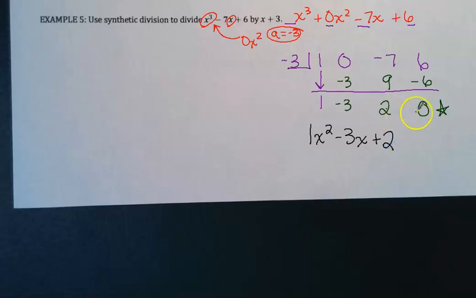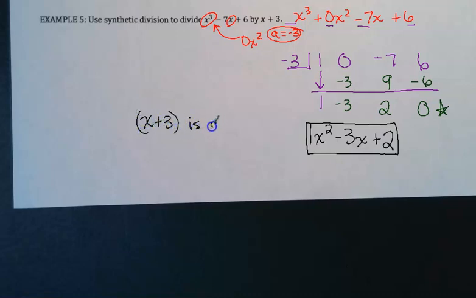So I have my constant and I don't have any more numbers. So this is my answer, okay? Which means that x plus 3, that quantity, is a factor because there is no remainder.